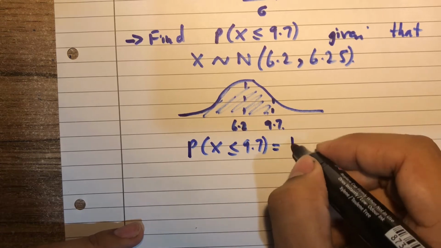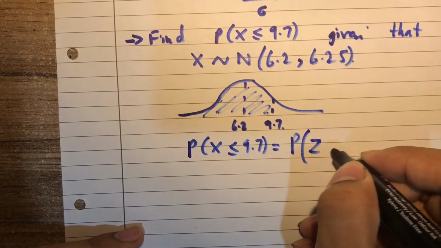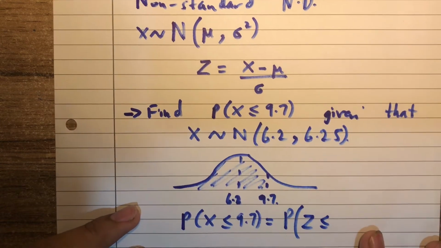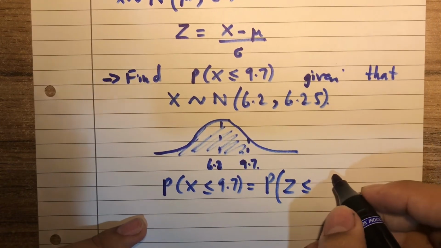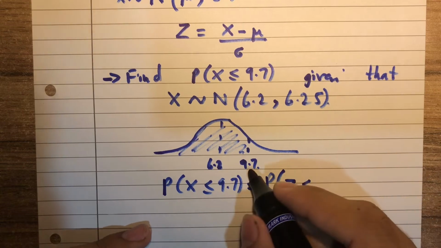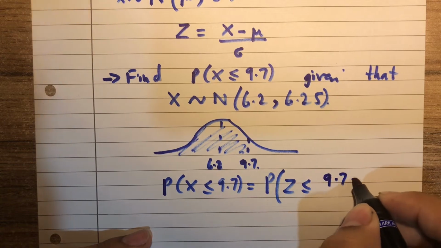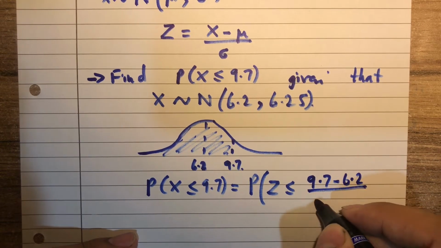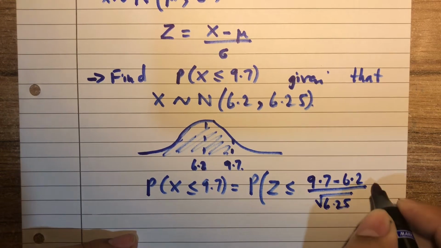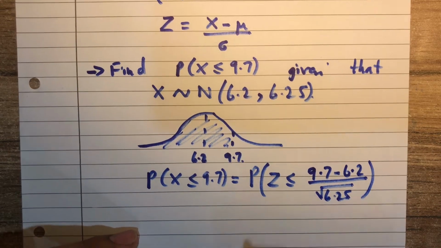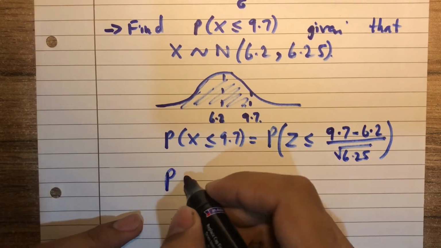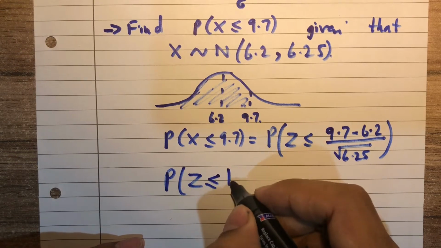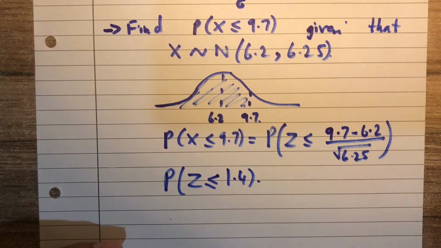So this will be equal to probability of z less than or equals to, now we'll use this formula, x minus mu upon the standard deviation sigma. So x is 9.7 minus mu, that is 6.2, upon the root of 6.25. So this gives us that we have to find the probability of z less than or equal to 1.4, right?